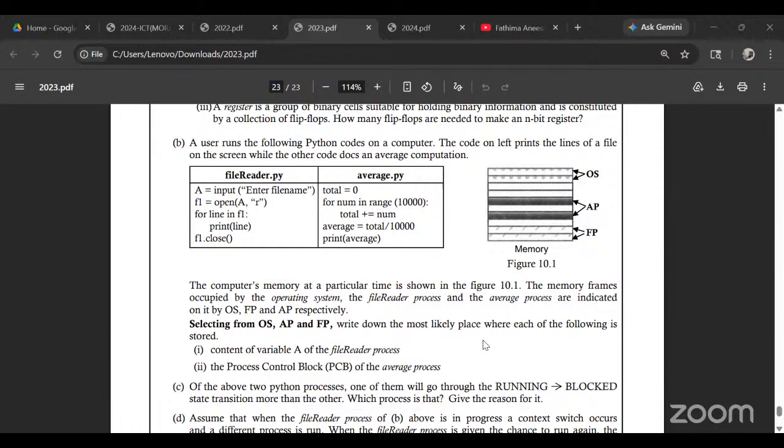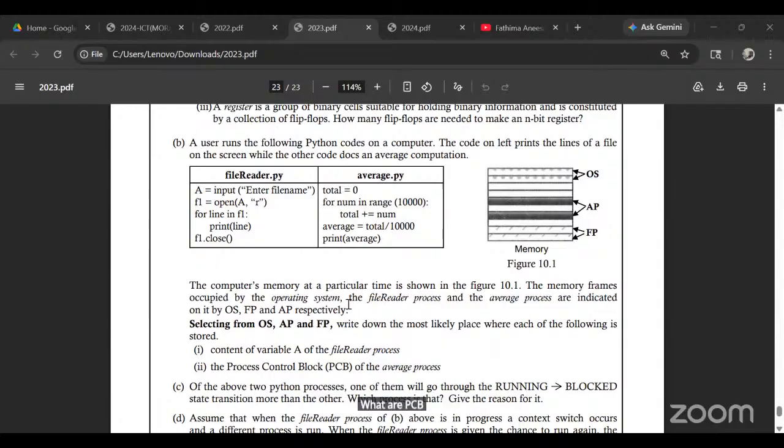The PCB of the average process. Where is it stored? Now, the PCB of a process. Where do they store it? In that relevant process itself, in AP, or where? What are PCBs?